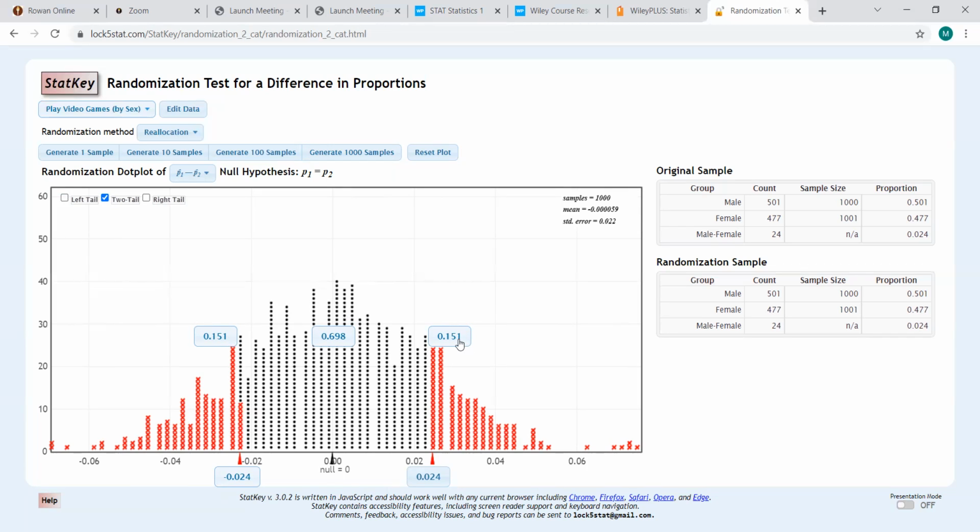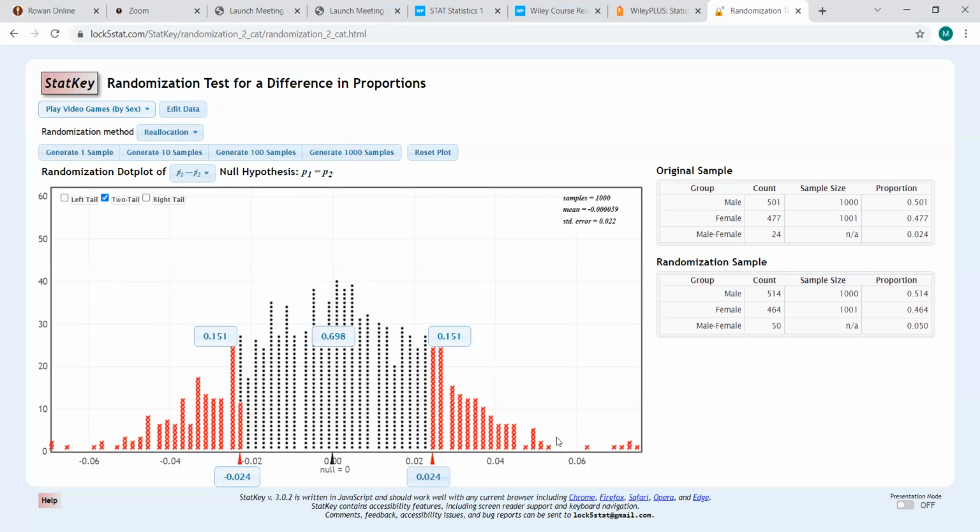Now the 0.151 represents the proportion of samples that have a difference in proportions greater than 0.024. Okay. And also we see on the left tail, also 0.151, we're looking at proportions that are less than negative 0.024.